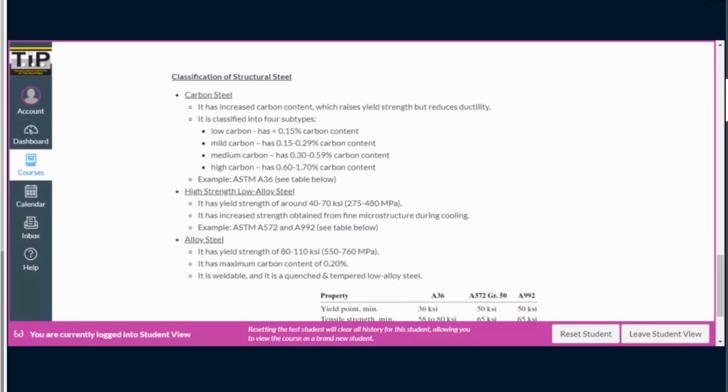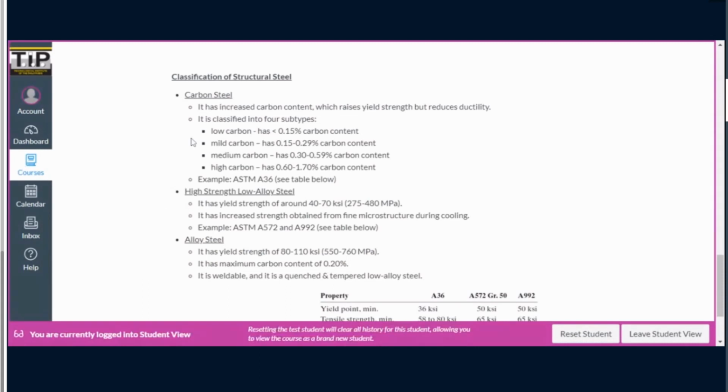Okay, so structural steel is classified according to its chemical composition into three. So we have carbon steel, high strength low alloy steel, and alloy steel. So what is carbon steel? This is the most common steel that we use, no?